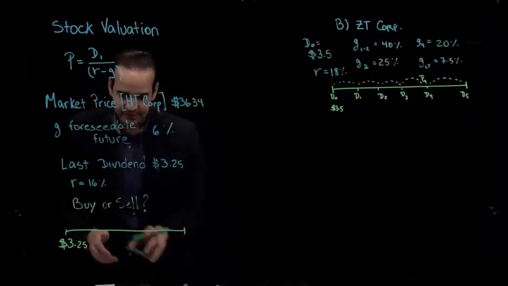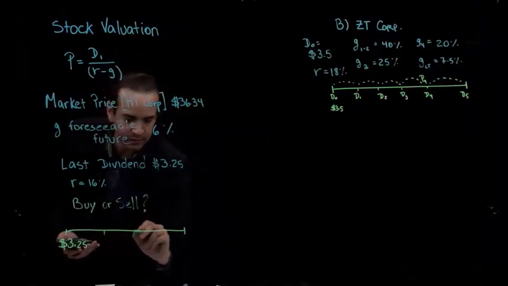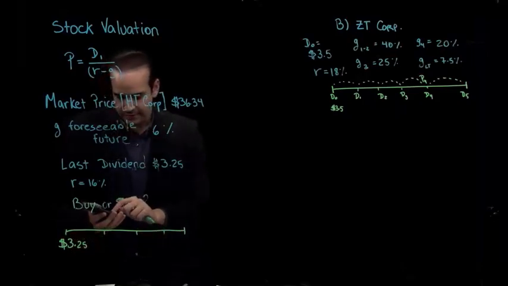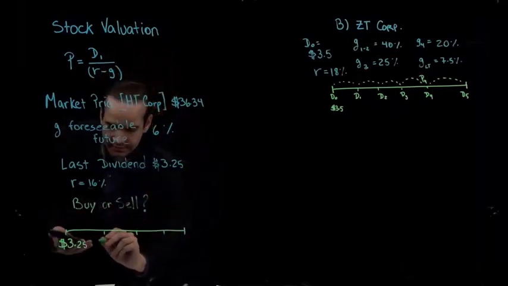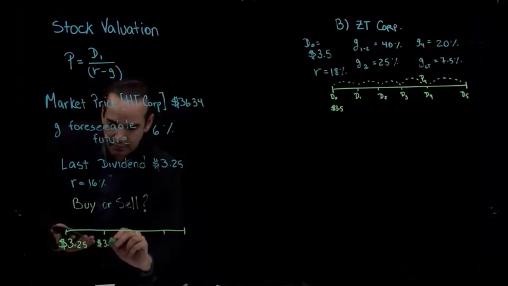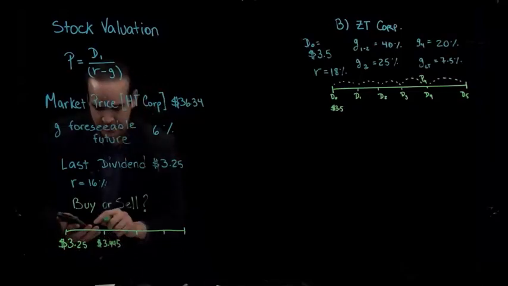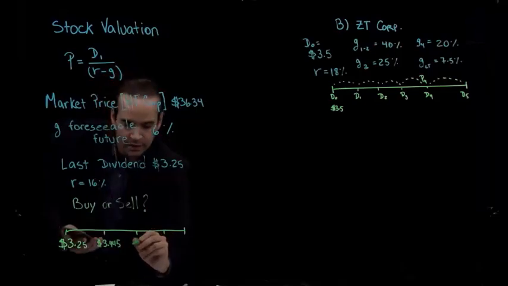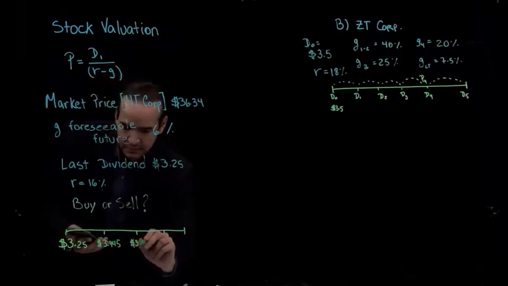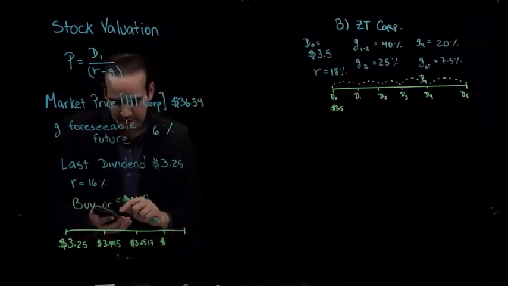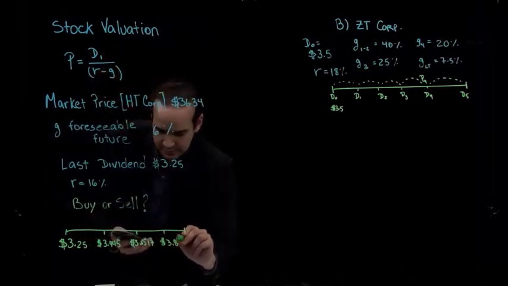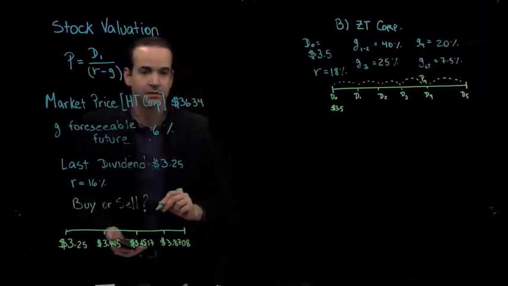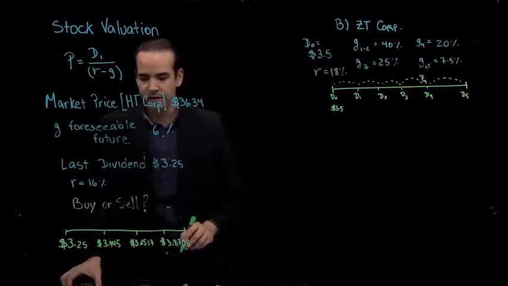So this implies the following. 3.25 times 1.06: the next year, you're expecting a dividend of 3.445. Then the following year, you're expecting a dividend of 3.6517. And then the following year, a dividend of 3.8708. Okay, and I'm just going to leave it there.